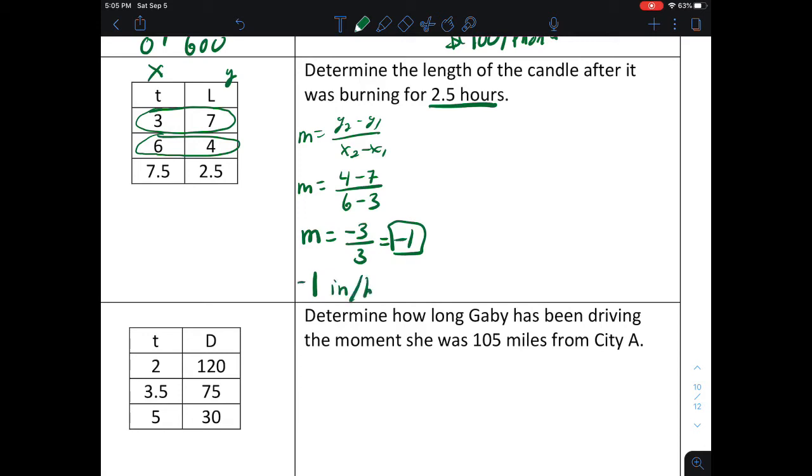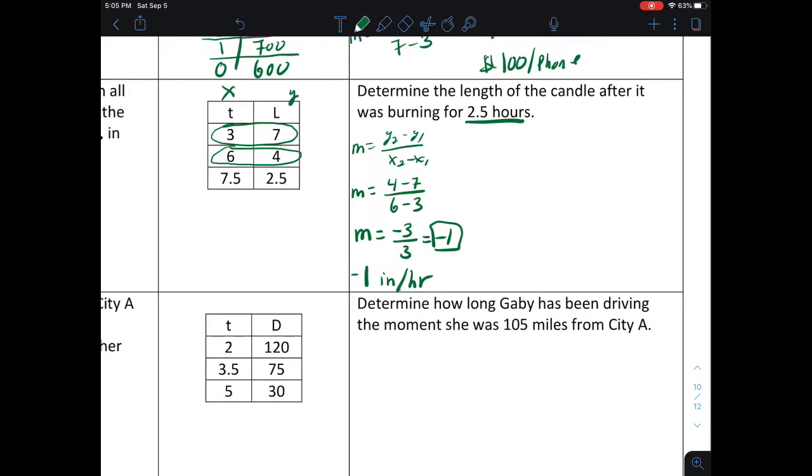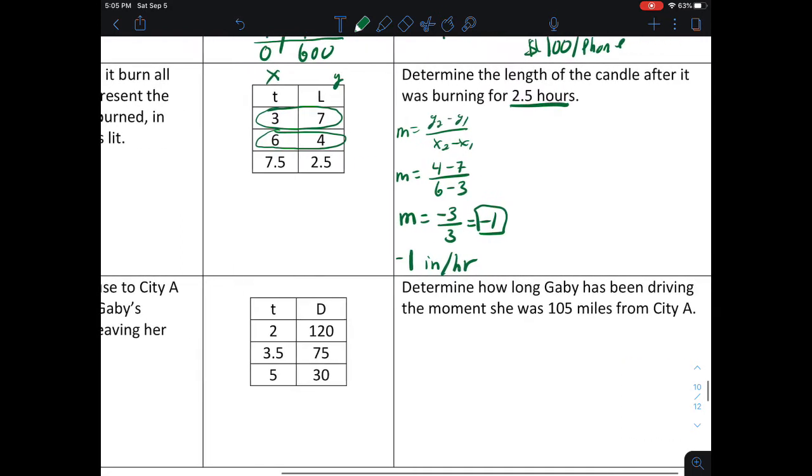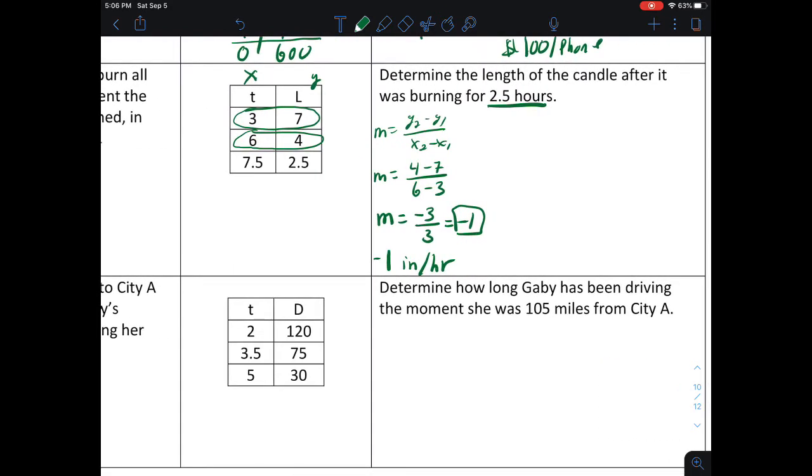And so I want to know, what's the length of the candle after 2.5 hours? Well, what I would need to do is take the point that we have. We know when t is equal to 3, the length is equal to 7. And so when it burns longer, it gets shorter.